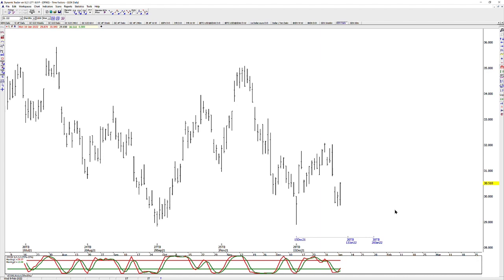Let's add some data on the chart and see if we get in a position to where a weekly low should be complete. Now, the last bar on the chart, this daily bar, came before the 20 trading days forward.